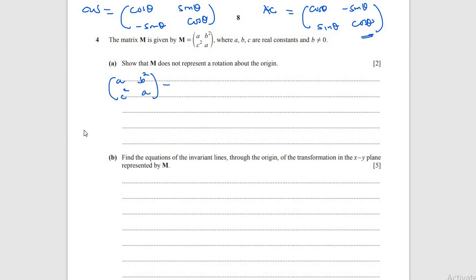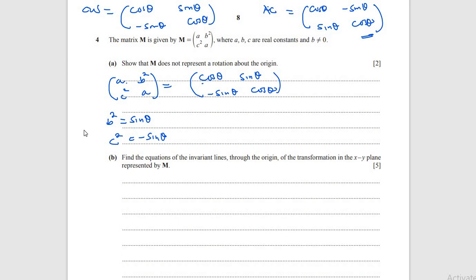Let's use clockwise. Here it's cos theta, here is sin theta, here is minus sin theta, here is cos theta. You see that A is cos theta, B square is sin theta, C square is minus sin theta.